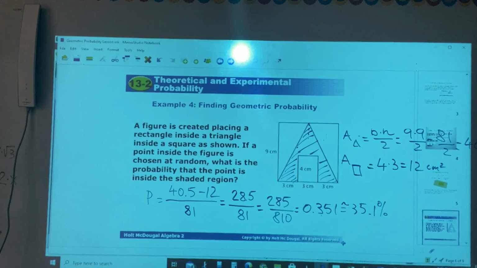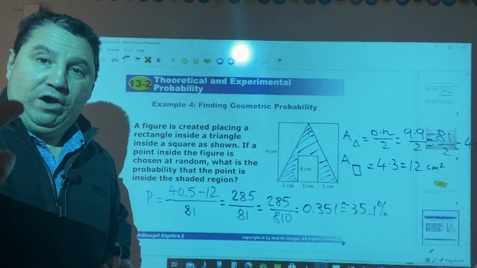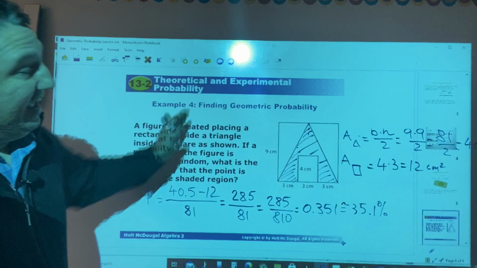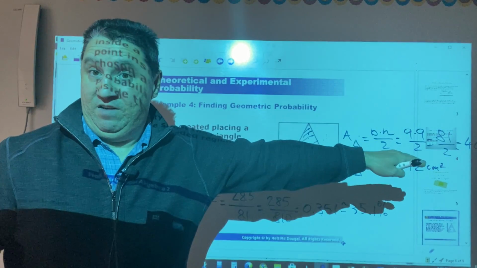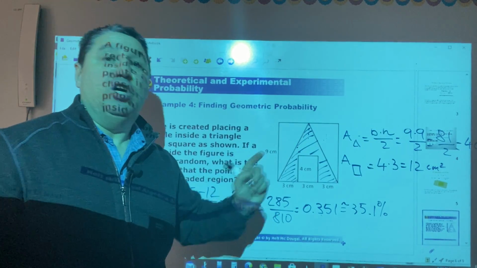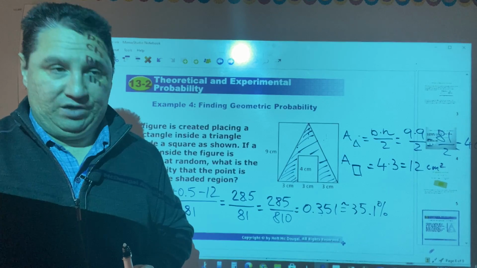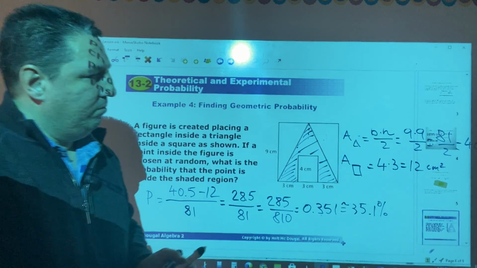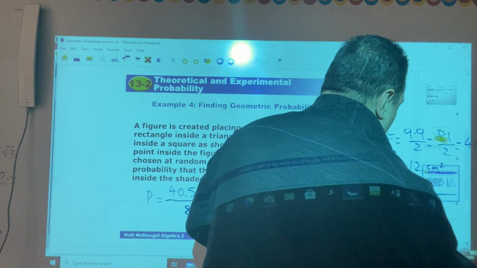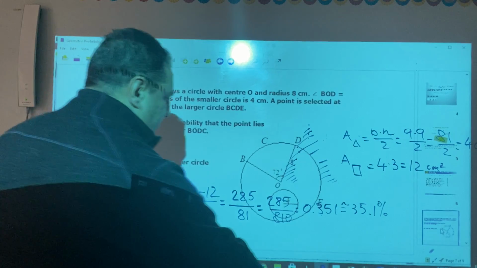That's the probability of having a point chosen randomly in the whole area of the square that would be in the shaded region. Yes? Now, another example.